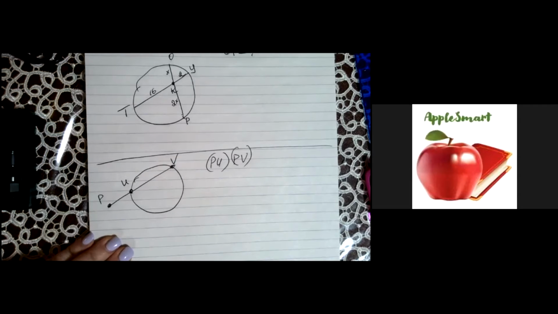So it will be the same. We call this product the power of point P.